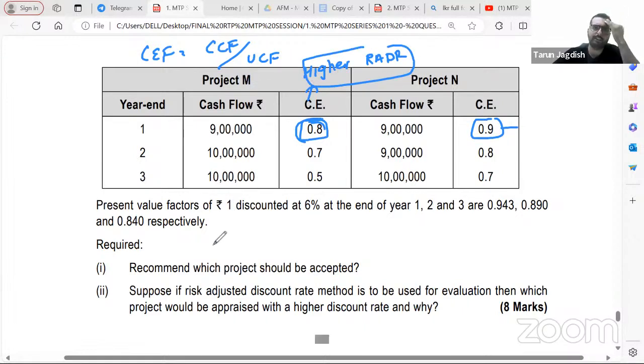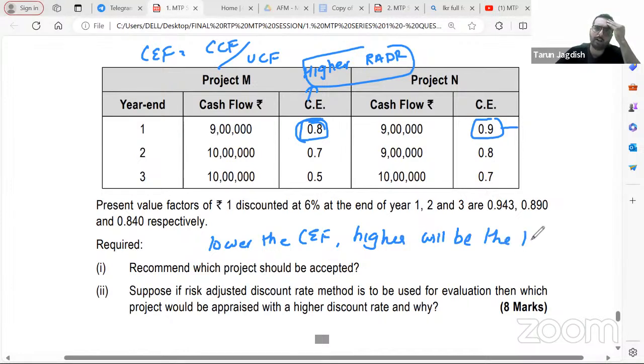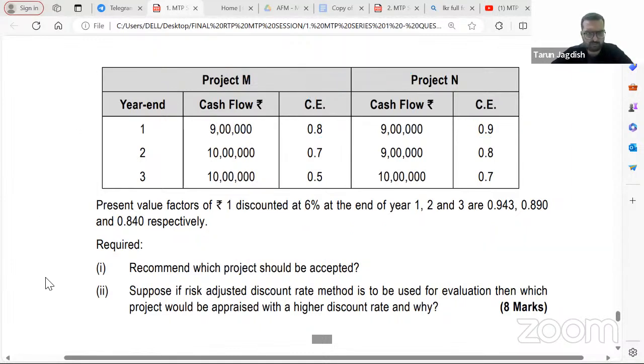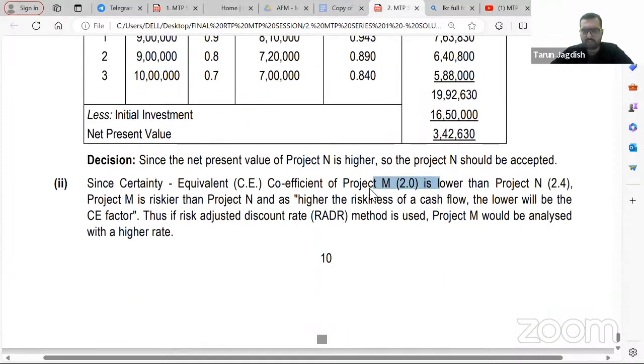So you can learn it like this. Lower the certainty equivalent factor, higher will be the RADR. I'll give you this in writing over there. Let's confirm with the solution also. Project M is lower, hence M is riskier than N, hence higher the risk, higher will be the RADR.